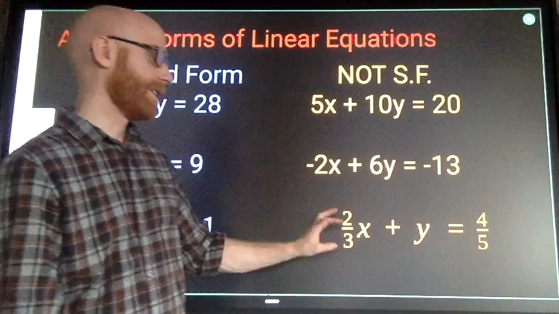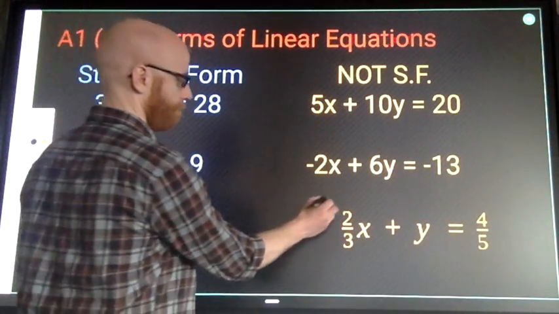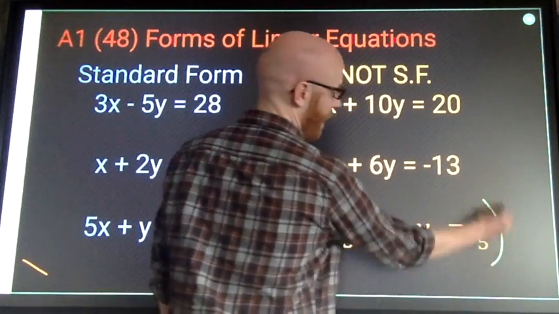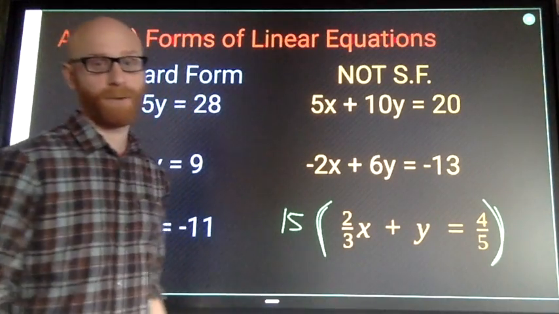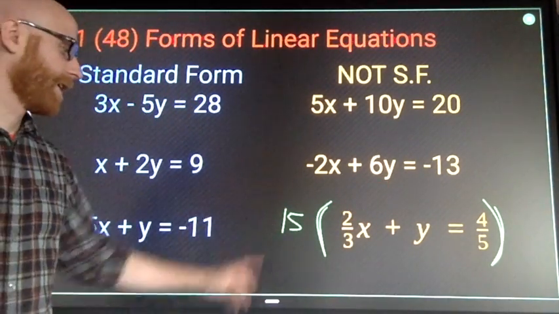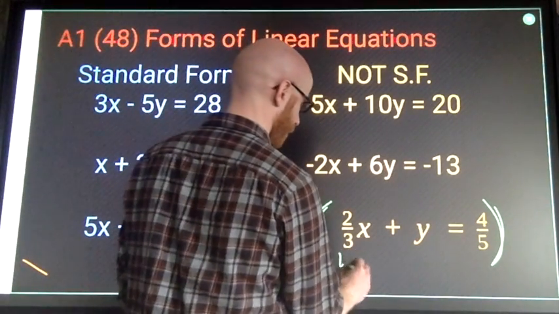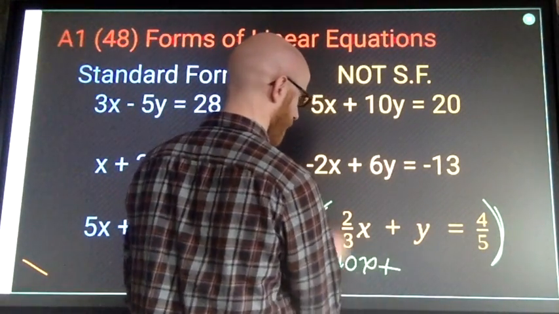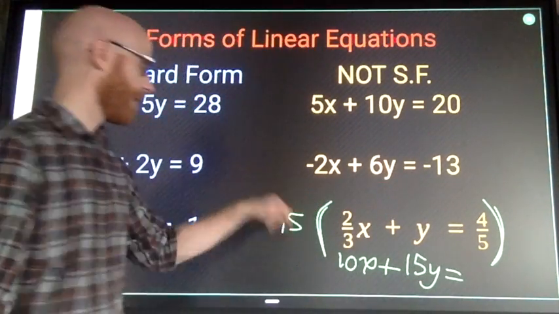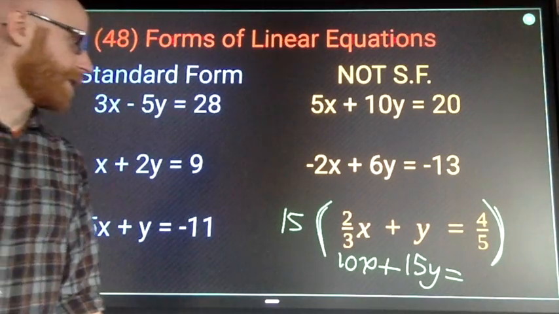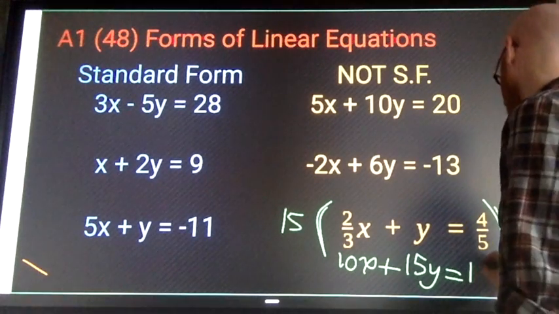Now, I could get this equation into standard form if I multiply everything by those two denominators. So 3 times 5 is 15. If I multiply through by 15, 2/3 of 15 is 10 x's plus 15 y's equals 4/5 of 15 is 12.